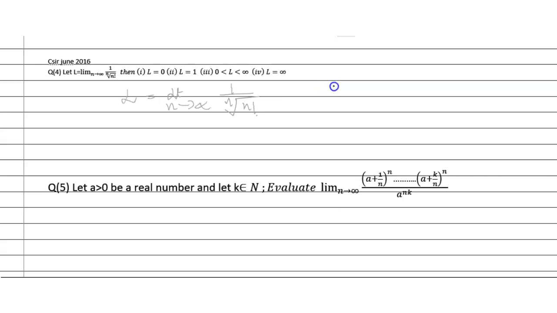So I apply the comparison test here. Cauchy-Hadamard theorem: limit n tends to infinity of a_n^(1/n) equals limit n tends to infinity of a_(n+1) divided by a_n, which equals limit of 1 by (n+1) factorial to the power 1 by (n+1), divided by n factorial to the power 1 by n.